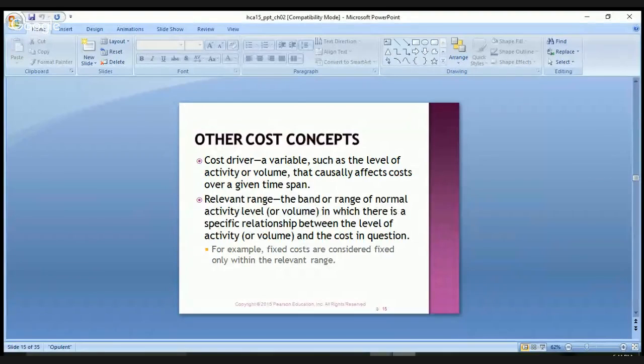So if you have two vehicles, what would be the relevant range of those two vehicles? Between 120,000 of one vehicle and 240,000 with the combination of both vehicles. So the relevant range would be between 120,000 of just one vehicle and 240,000, which is the combination of both vehicles.